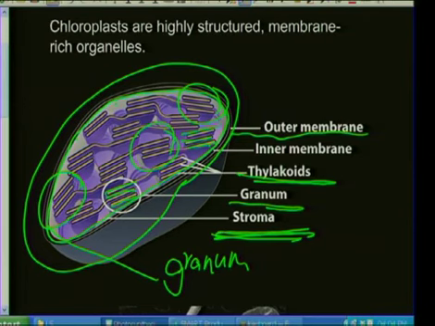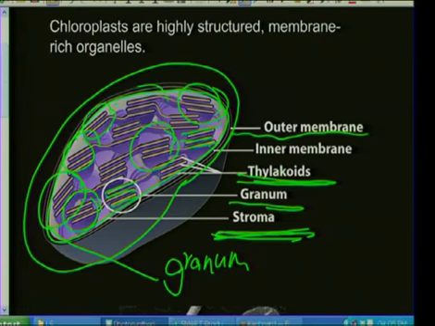So the bundle, one granum, many grana, and the individual plate-like discs that make up the grana are known as thylakoids. And inside each of these thylakoids, we will find the chlorophyll pigment. That is where the chlorophyll is found.